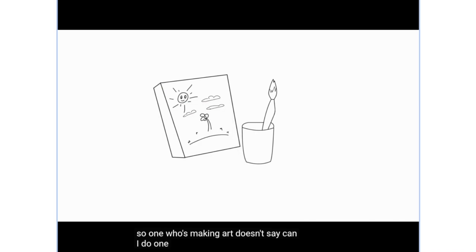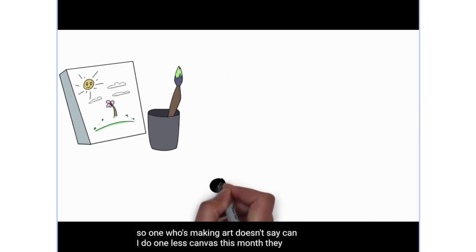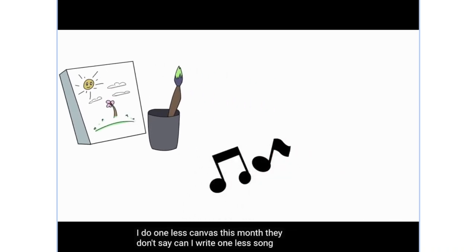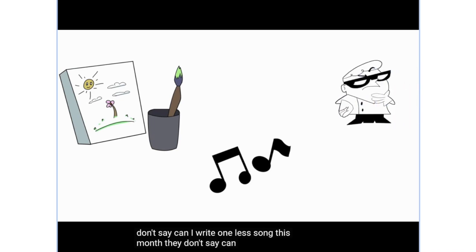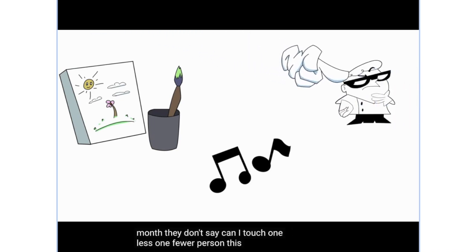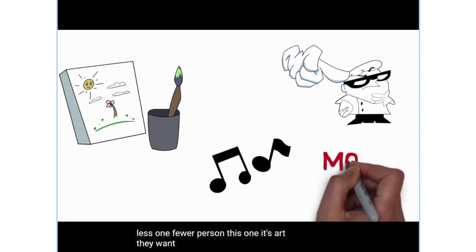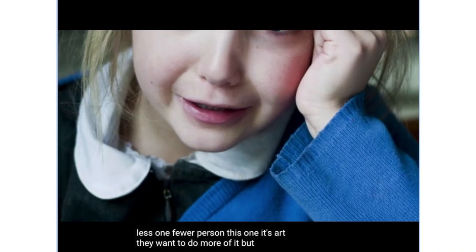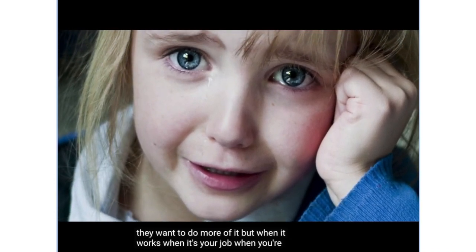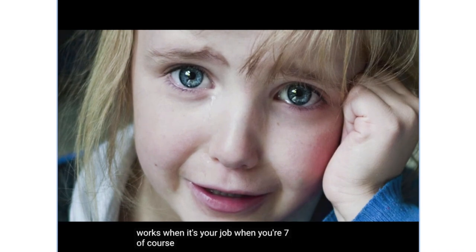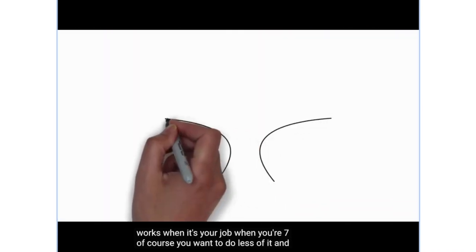Right? Someone who's making art doesn't say, can I do 1 less canvas this month? They don't say, can I write 1 less song this month? They don't say, can I touch one fewer person this month? It's art. They want to do more of it. But when it's work, when it's your job, when you're 7, of course you want to do less of it.